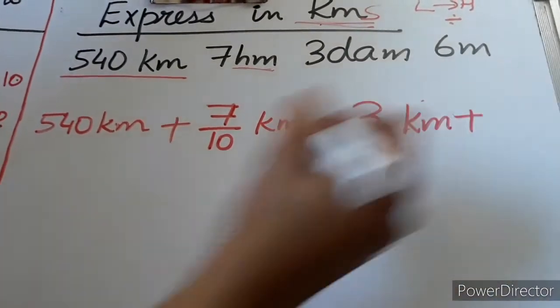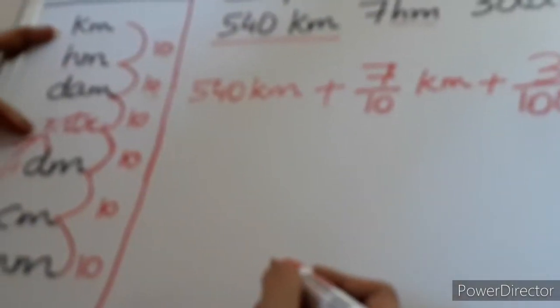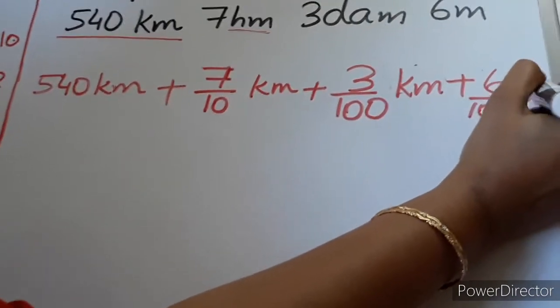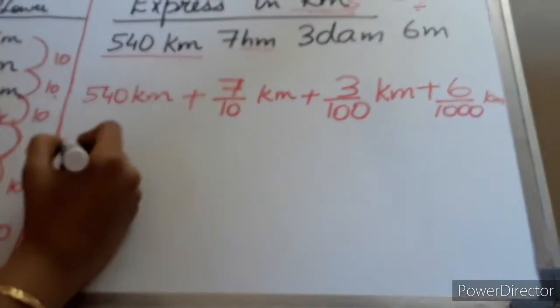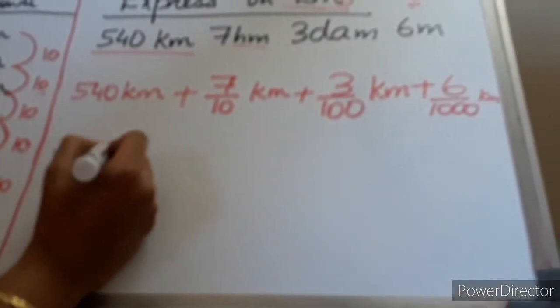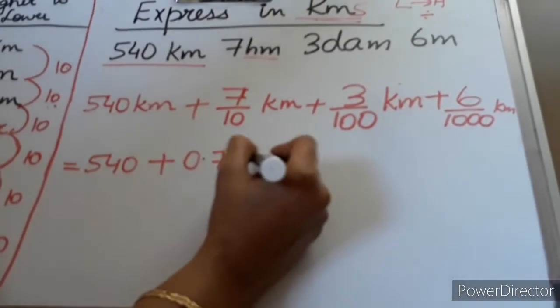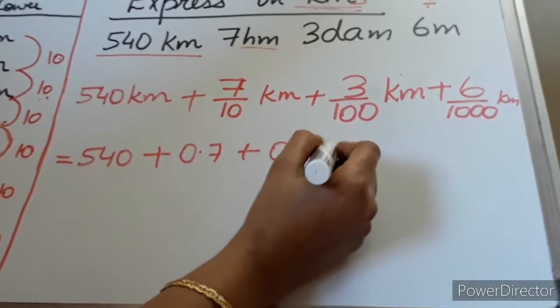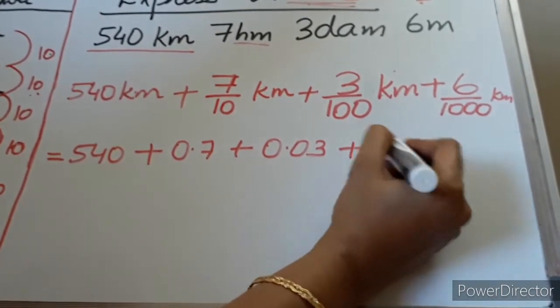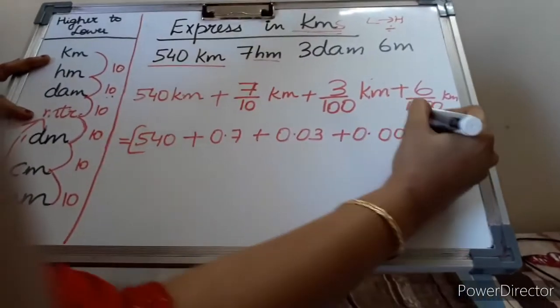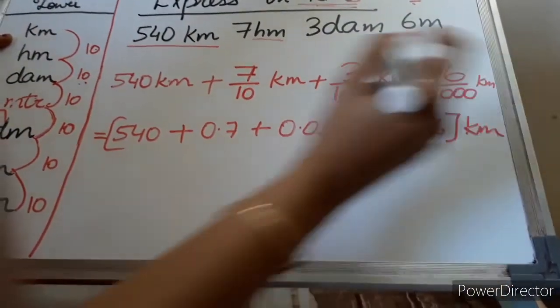Plus meter to kilometer. You know this, this is our old conversion. Meter to kilometer, 6 divided by 1000 kilometer. Now we add this step by step. 540 plus 0.7 plus 0.03 plus 0.006, all in kilometers.